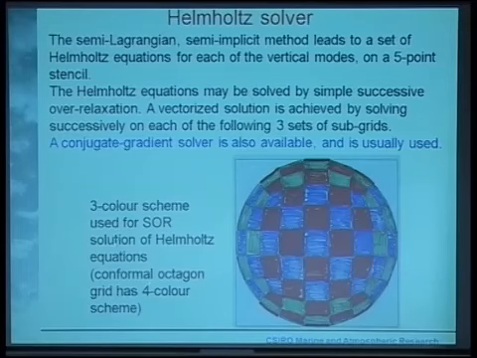Although these days, actually, we put in a conjugate gradient solver, which is nowhere near as colourful. I did also, in the early times, code up the conformal octagon grid too, which was one that Jim Purser devised, which has 14 panels. And that one, if you're interested, has a 4-colour scheme for the Helmholtz equation.